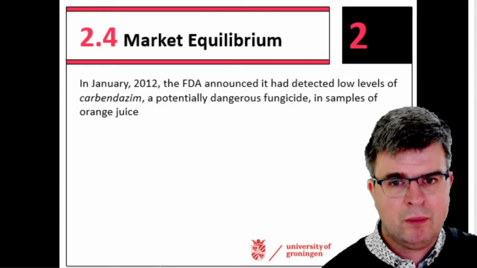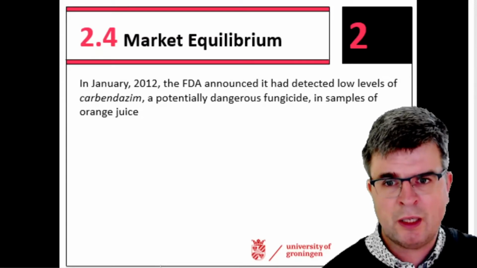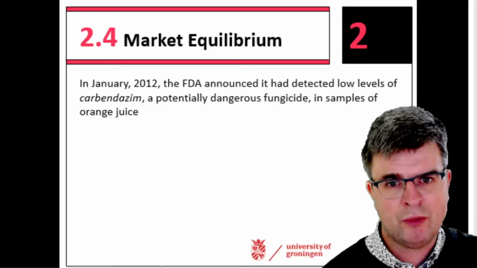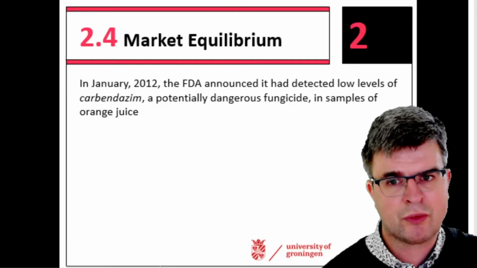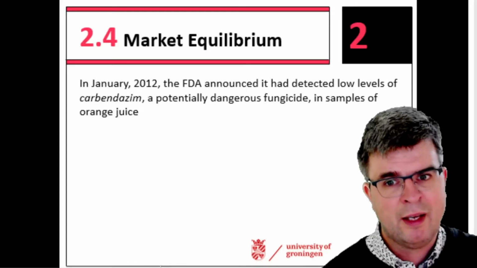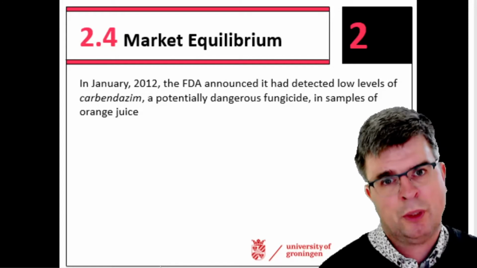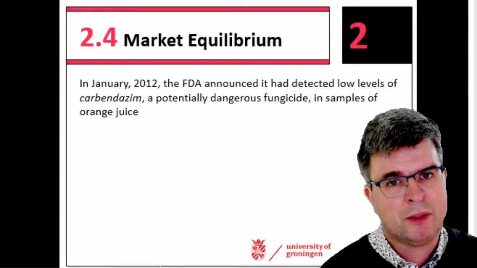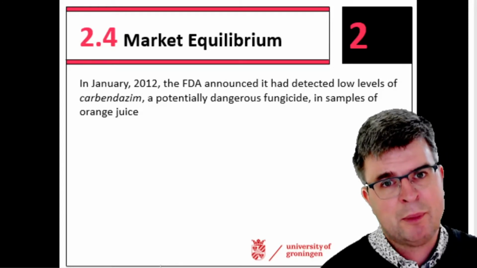A practical example: the Food and Drug Administration in the US announced in January 2012 that it had detected low levels of carbendazim, which is a potentially dangerous fungicide, in samples of orange juice. So what we're going to do now is to play a little bit around with the equilibrium value.